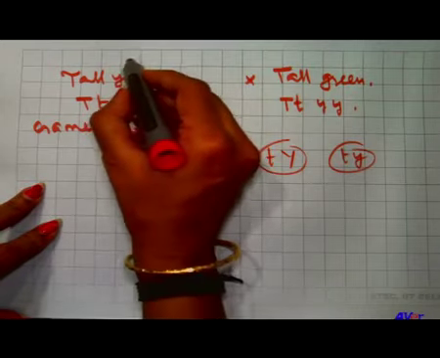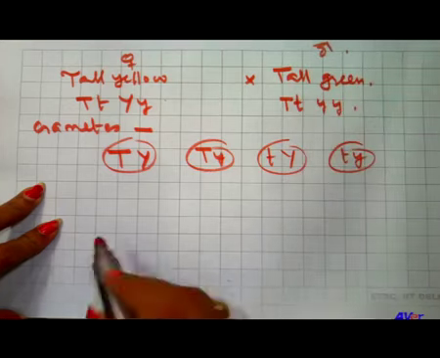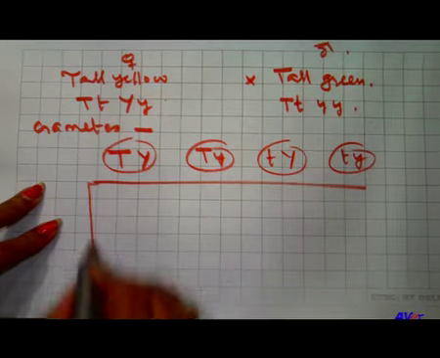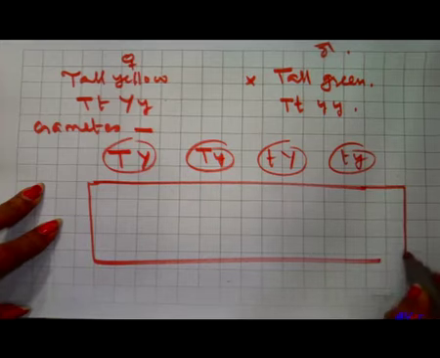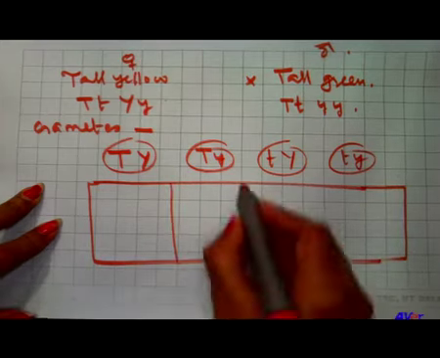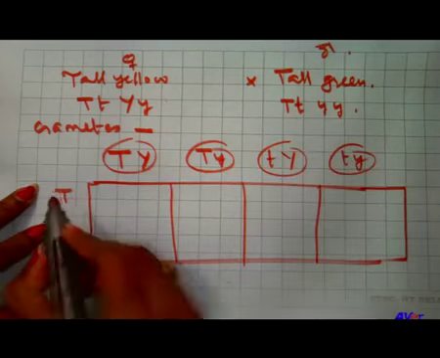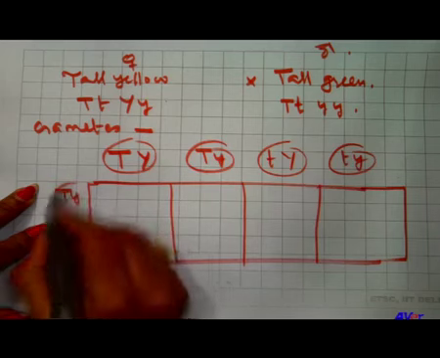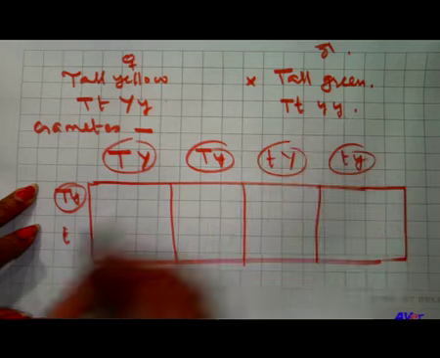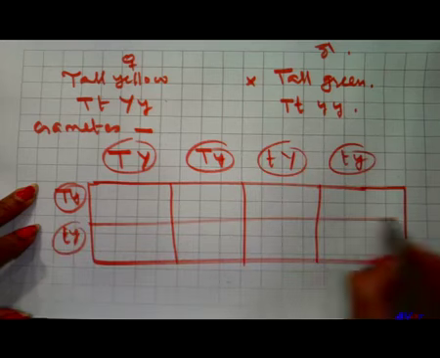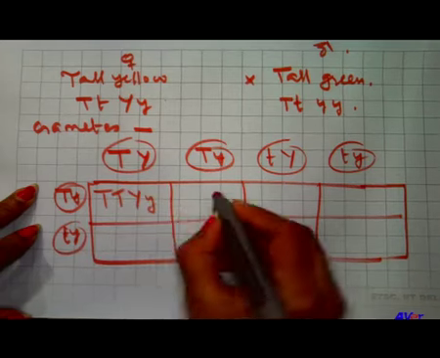Suppose we are taking this as the female plant and this one as male plant. We can show it in the checkerboard like this, or Punnett square. Here the gametes capital T, small y, and the other one small t, small y. Two gametes: capital T, capital Y, small y.